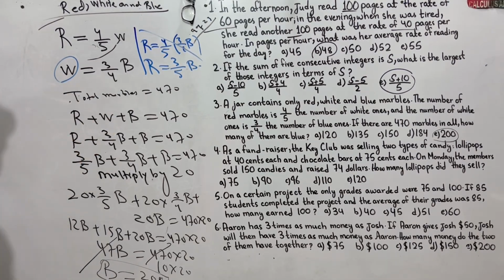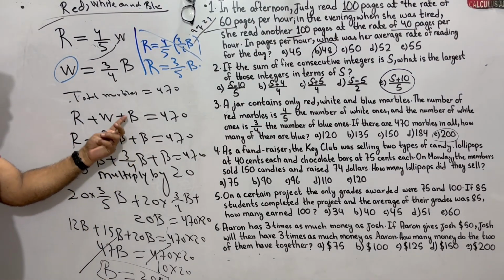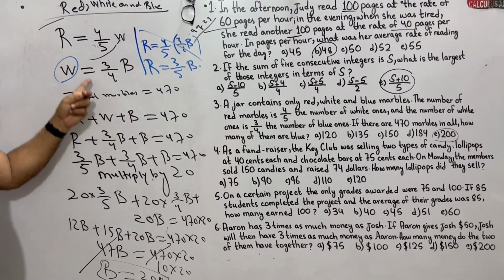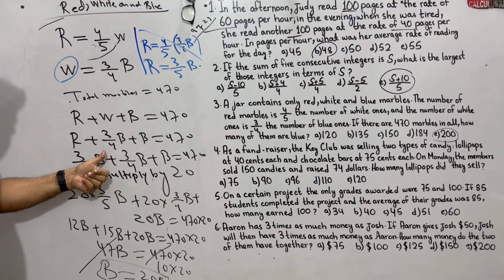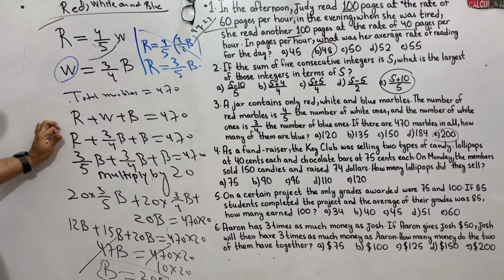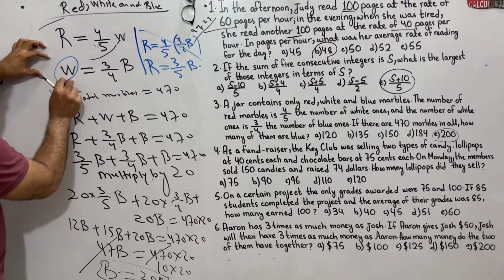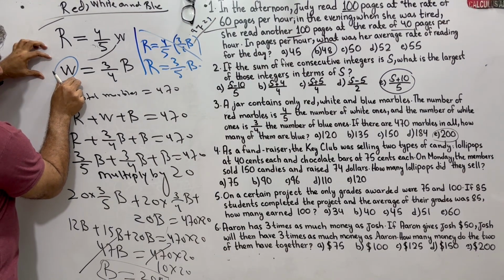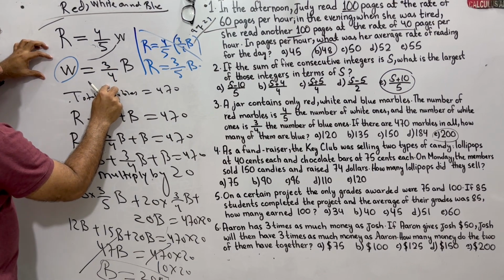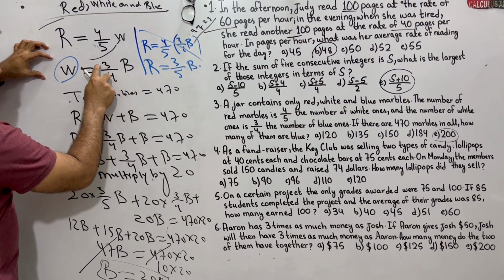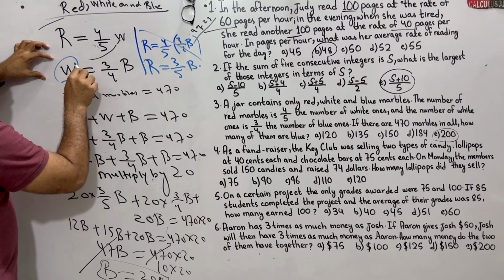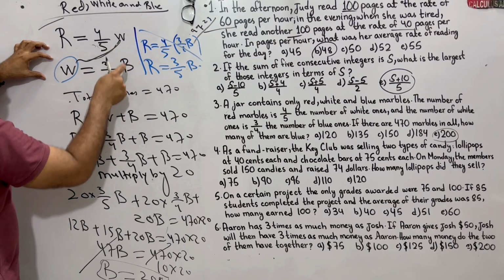Try to convert this whole equation into blue marbles. Blue remains blue. Instead of W, I have written 3 over 4 blue. I have converted red into blue. White is equal to 3/4 of B. I have introduced the value of W here.